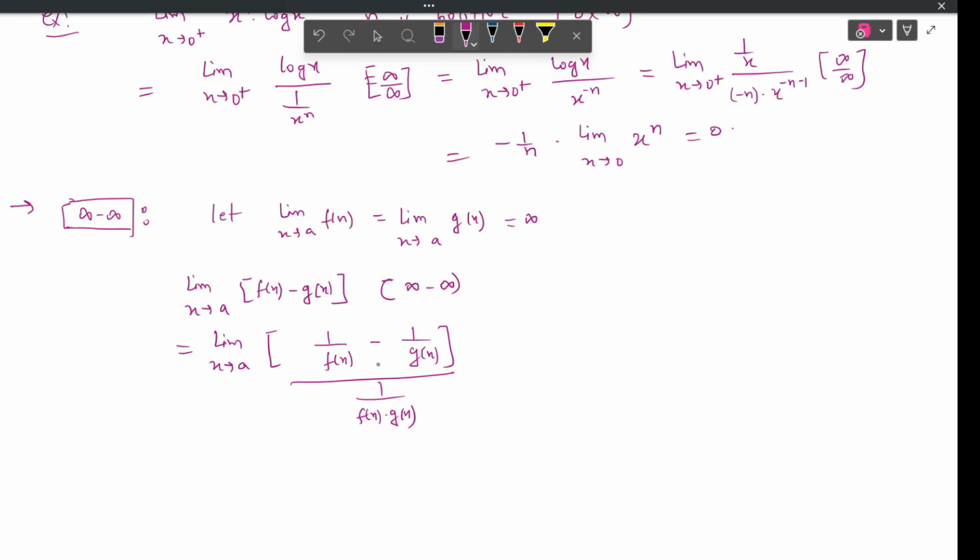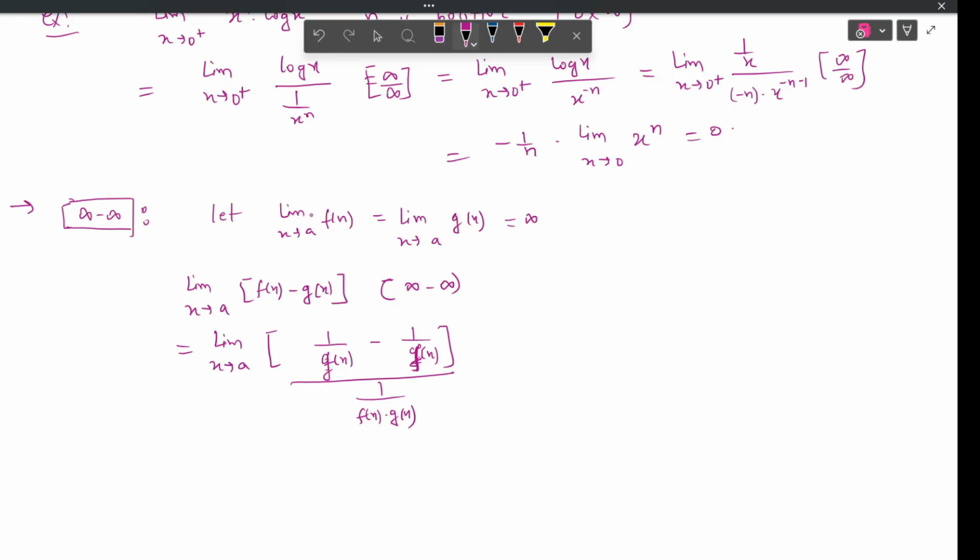If you take LCM, you have to take this as g of x and this as f of x. Now if you take LCM, this will be g of x into f of x, and in the numerator you will get f of x minus g of x. So this g of x, f of x will cancel out with this, and you will remain with this function.